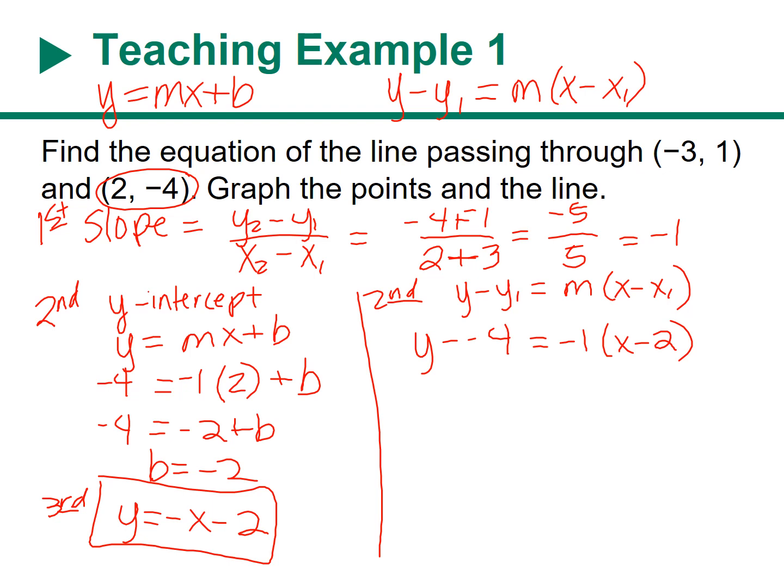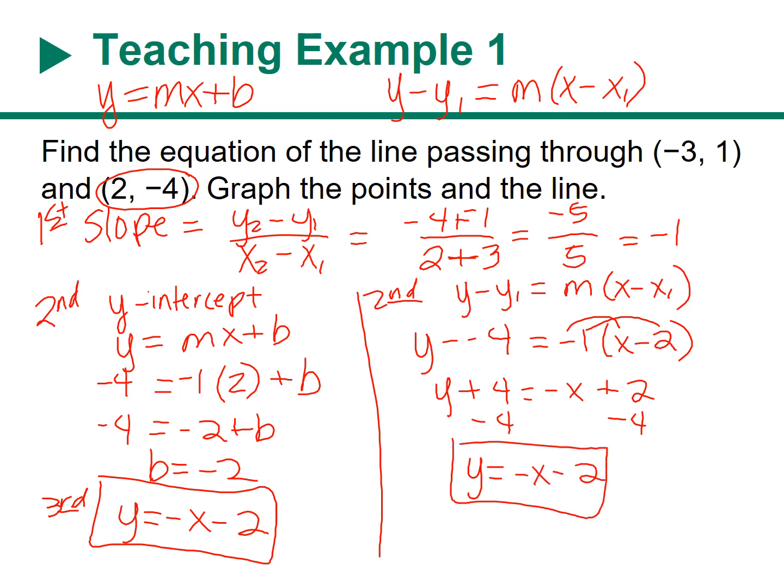And all you have to do is clean this up and then get to your equation. So I clean it up. A negative from the negative is a positive. I distribute my negative. Gives me -x plus 2. I subtract the 4. And I get y equals -x minus 2. Do I still end in the same situation? Yes. That's why it's up to you on which way you want to go.